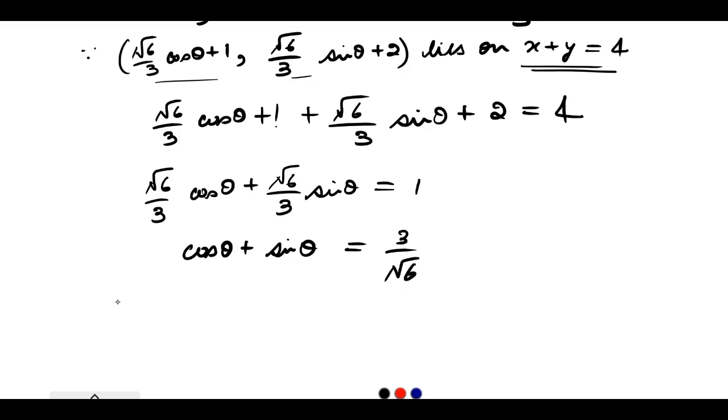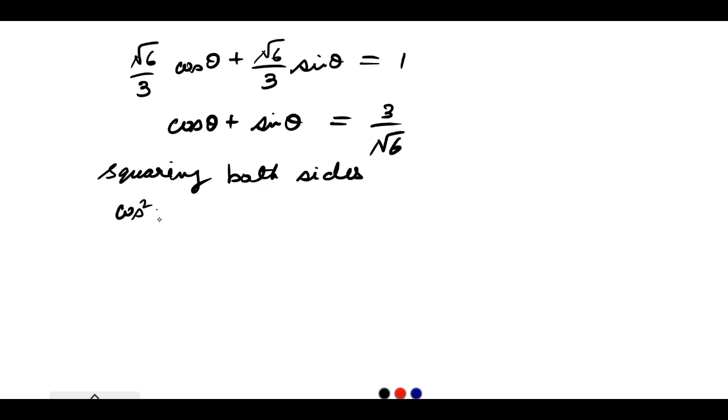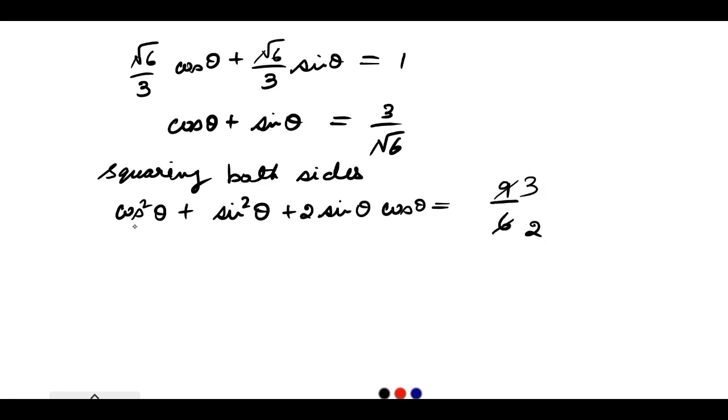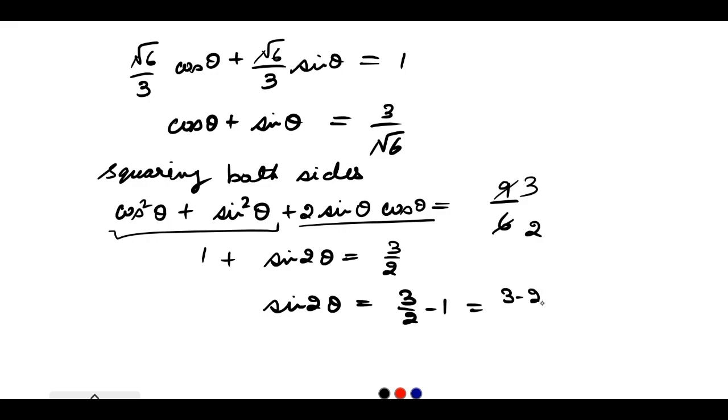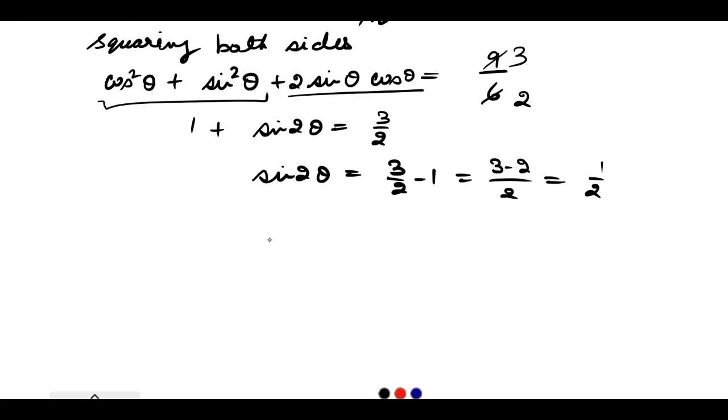Now squaring both sides, cos square theta plus sin square theta is 1 and 2 sin theta cos theta is sin 2 theta. Sin 2 theta is equal to 1 by 2.